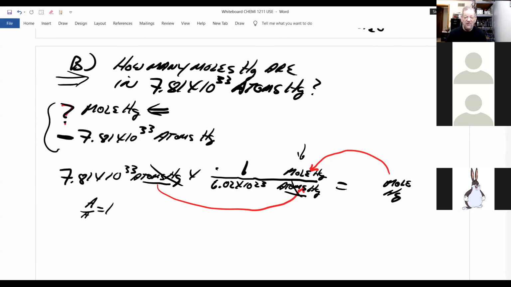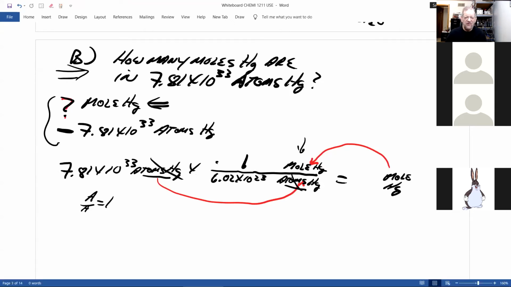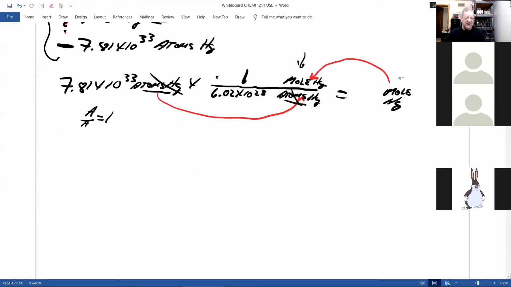But before I do that, what I'd like to do is show you how unit analysis shows you made a mistake. What if you set it up this way? By the way, it's wrong, but how do you know it's wrong?